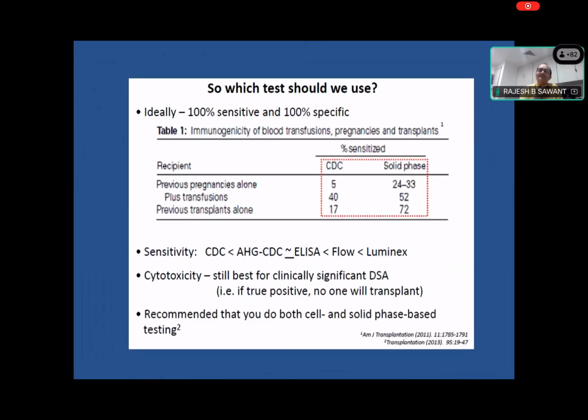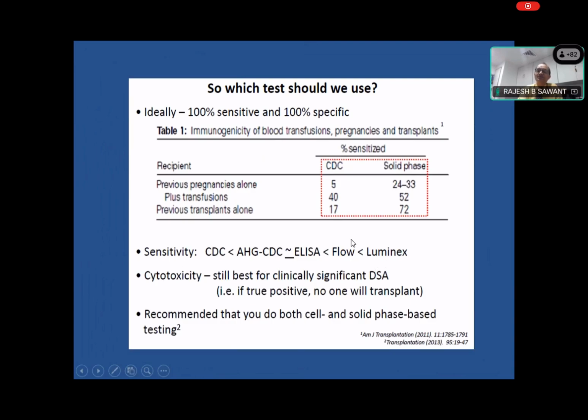So basically, we come to the $1 million question: which test should be used? Here, what you should remember is the level of sensitivity. As we say, the mandatory test is the CDC cross match even today, but you can enhance the sensitivity by adding AHG to your CDC cross match. And if you have a flow based cross match or a Luminex based cross match, the sensitivity will be much better.